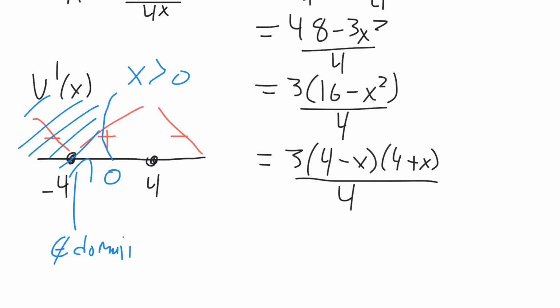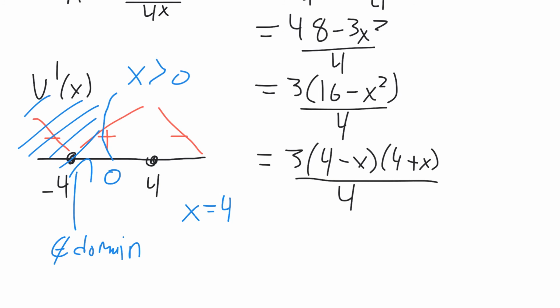And so when looking at the sign diagram, we just want to focus in on this portion. What does it look like here? Well, it looks like there's a maximum happening at 4. And so we can then go ahead and say x equal to 4. This is going to be where our maximum volume occurs. We're almost done. They wanted us to find the full dimensions.